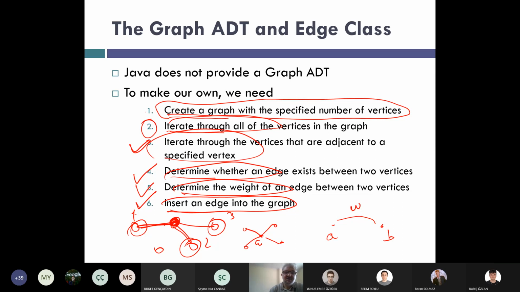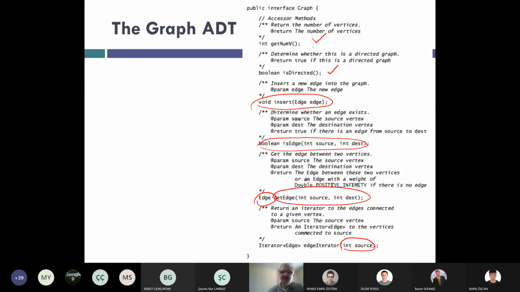And the second operation will be performed going through the vertices by using this value. So if this value is 5, the number of vertices is 5, then the IDs of the vertices are from 0 to 4. So we can use these values as vertices, as source and destination.